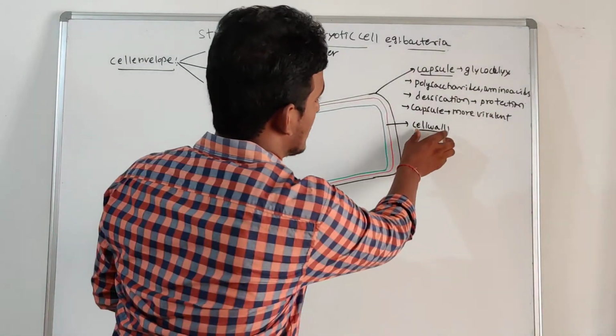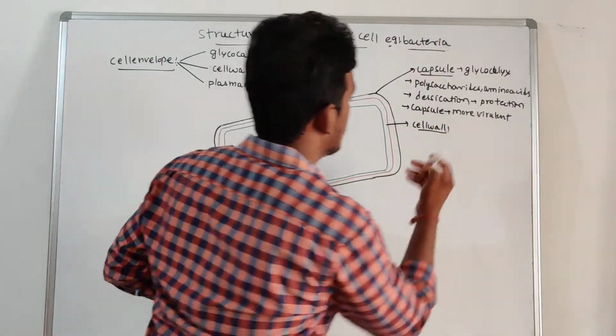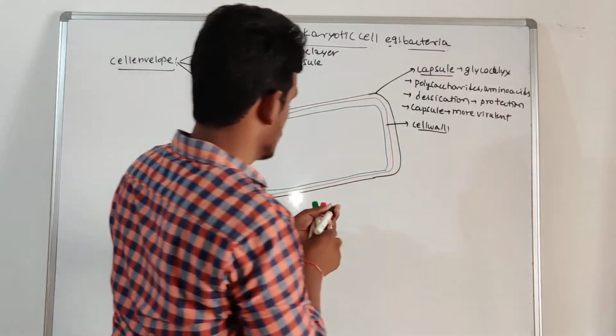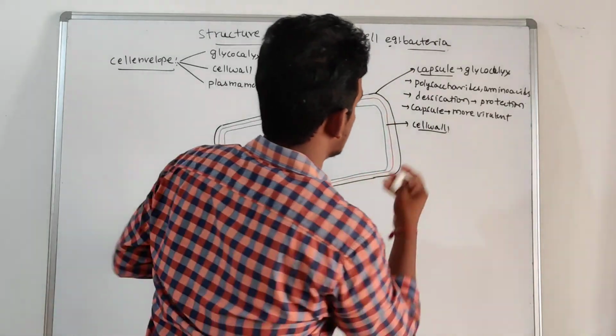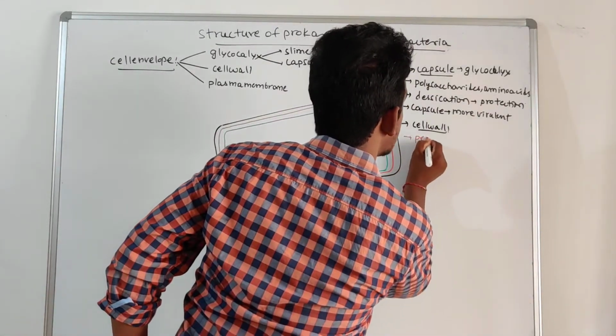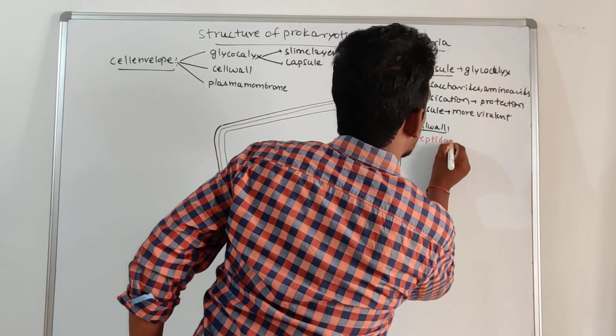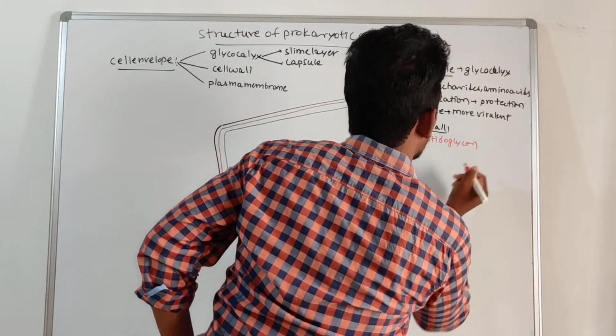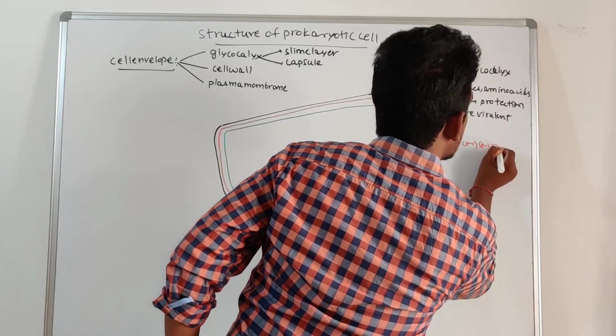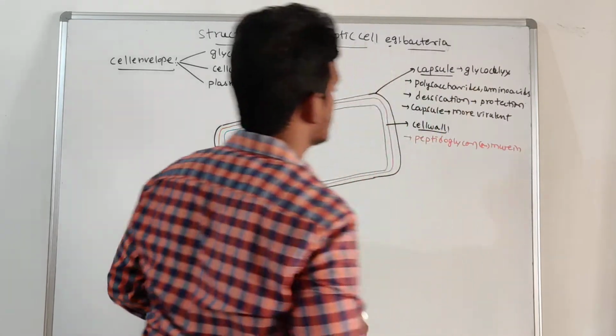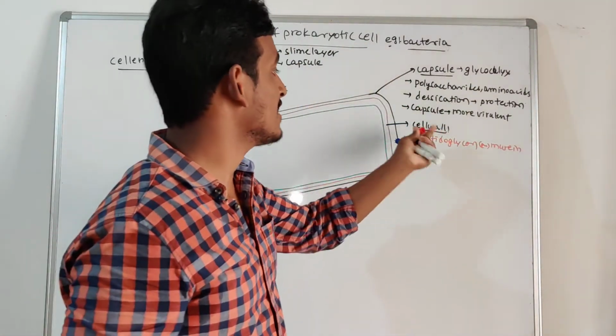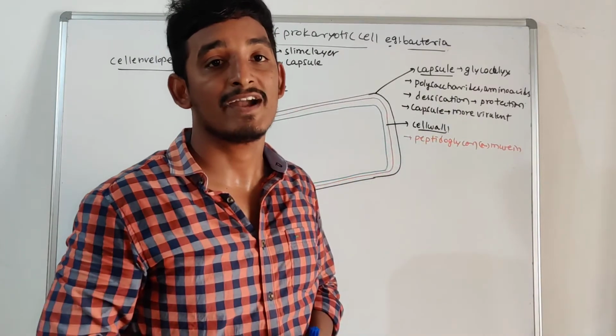The cell wall is made up of peptidoglycan or murein. Based on the cell wall composition, bacteria are classified into two types.